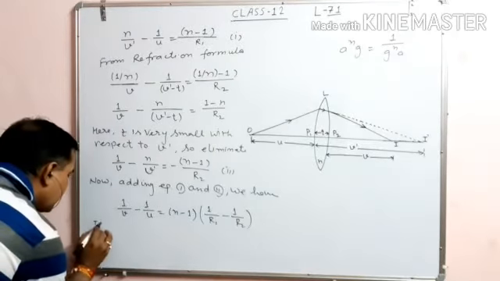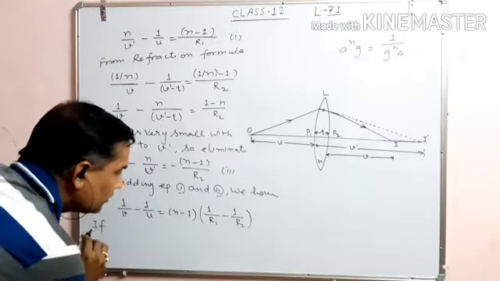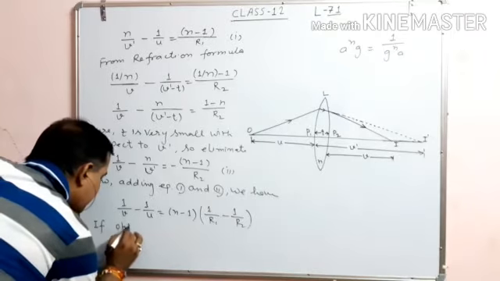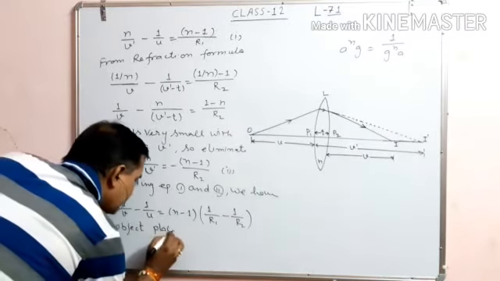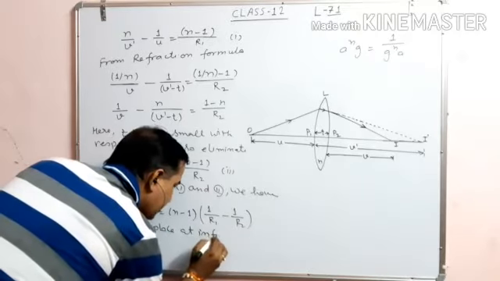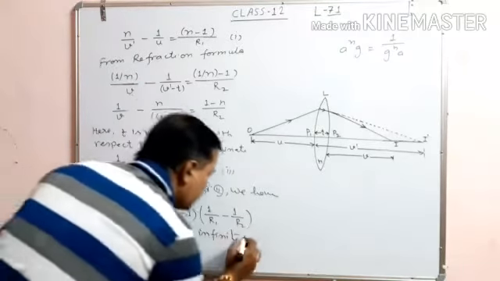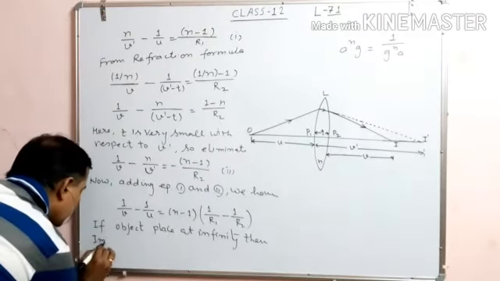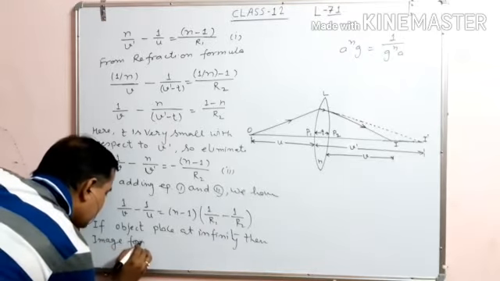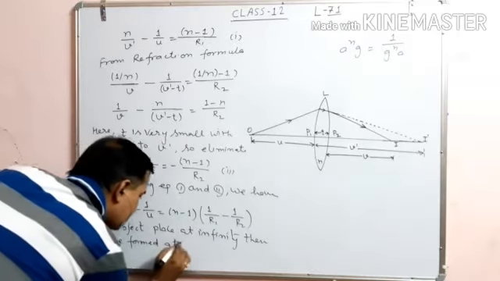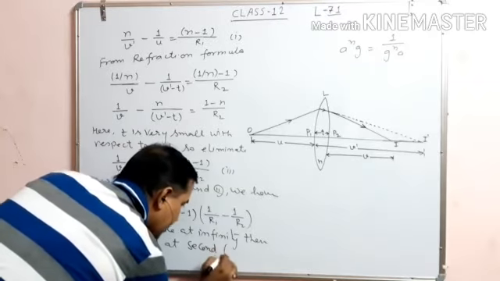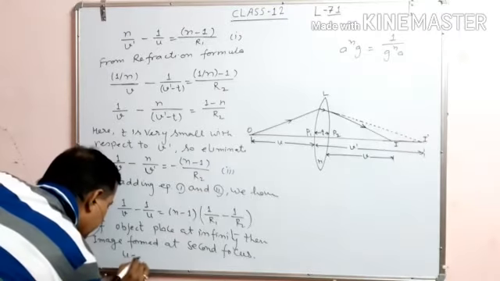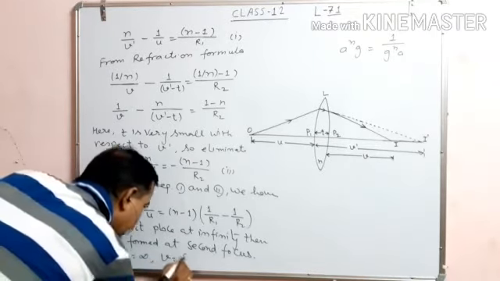If the object is placed at infinity, then the image is formed at the second focus. This is a general property, this is the rule. So if u is equal to infinity, v becomes f.